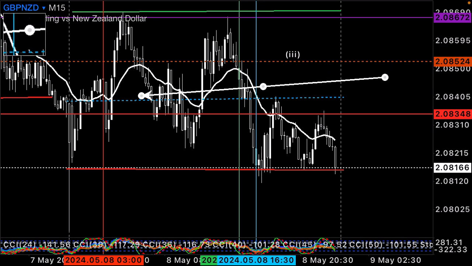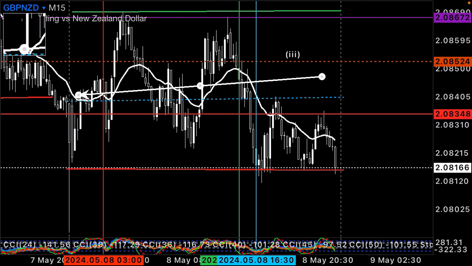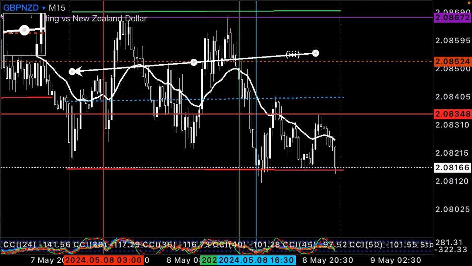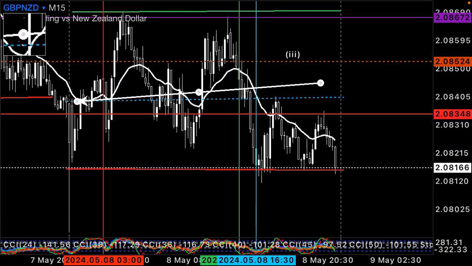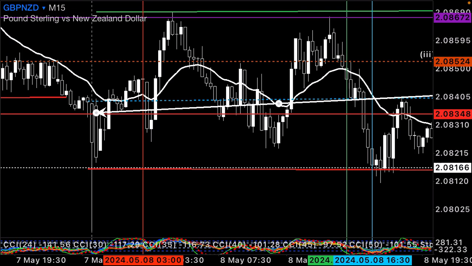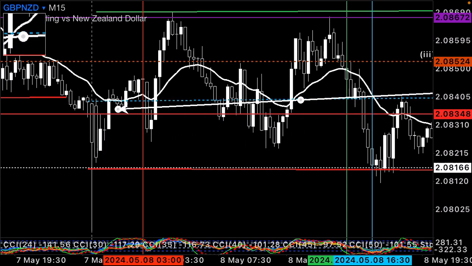So when it closed on day 2 over here, on this side of the thin white dotted line that goes vertical, price came down and started going down. Black bars going down, and it started going up.